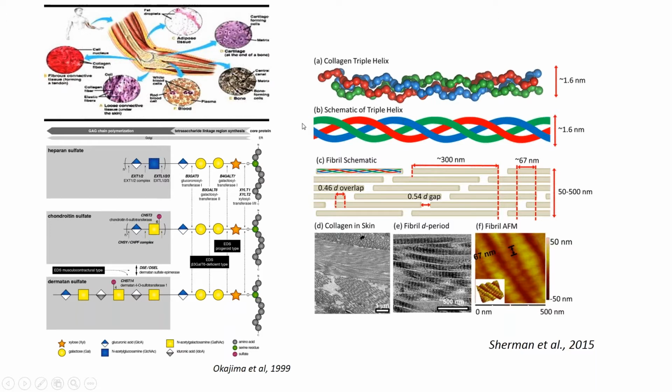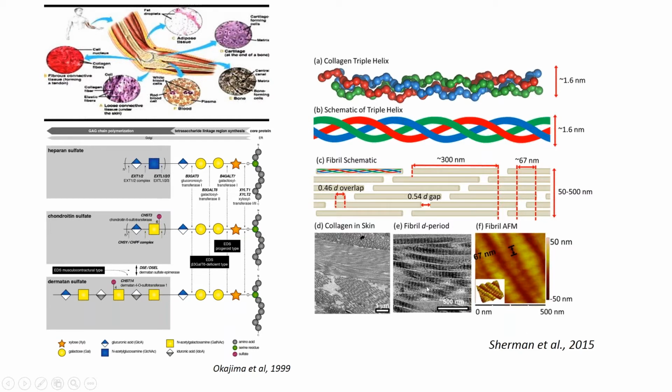If they're the same, they're encoded by the same gene. If they're different, they're encoded by different genes. And what happens is the collagen triple helix is manufactured in the cell, and then it lines up in this way, according to this fibril schematic, into a collagen fibril, which looks like this on the electron microscope.